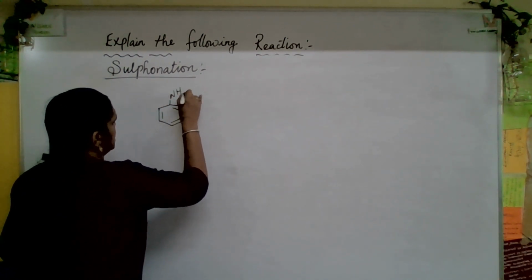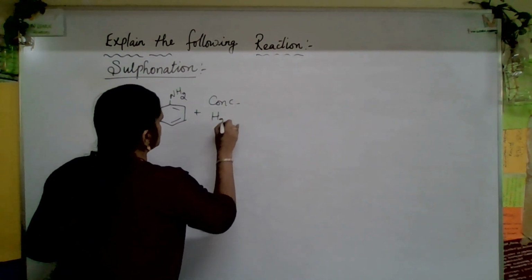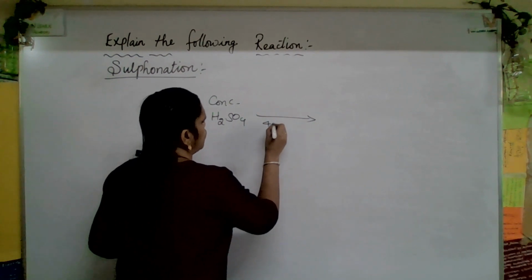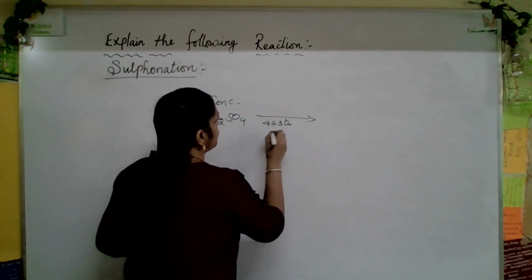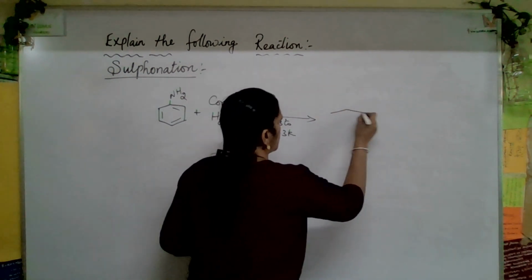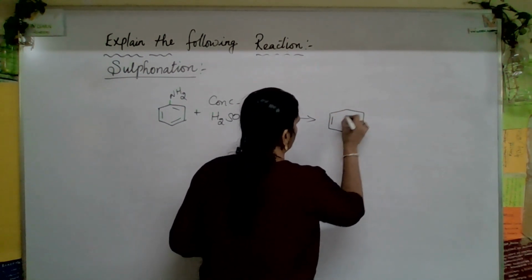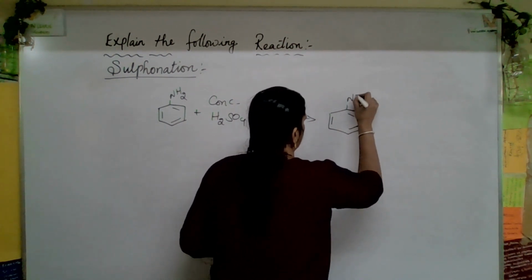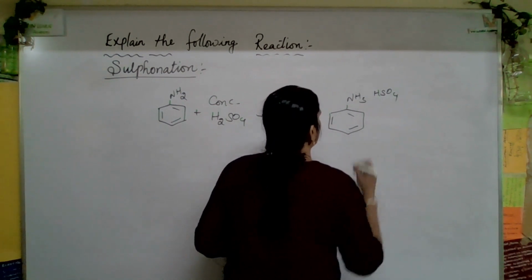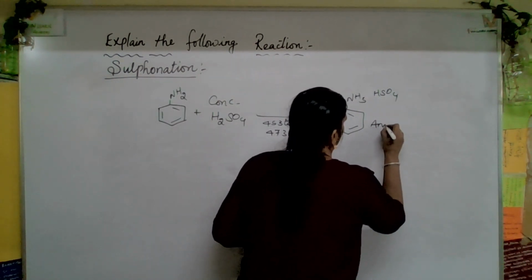So this is aniline combined with concentrated H2SO4, and you are heating at 453 to 473 Kelvin. What is the product you will get? You will get an intermediate compound at first, anilinium NH3 HSO4, anilinium hydrogen sulfate formation.